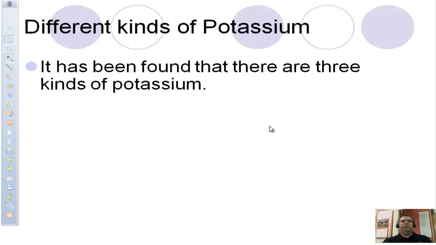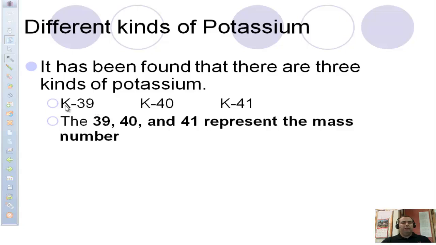Now, through some experimentation, scientists found out that there are different kinds of each element. For example, there are 3 different kinds of hydrogen. There are 3 different kinds of carbon. In this case, the example we're going to be looking at is potassium. Potassium has 3 specific kinds: K39, K40, and K41.